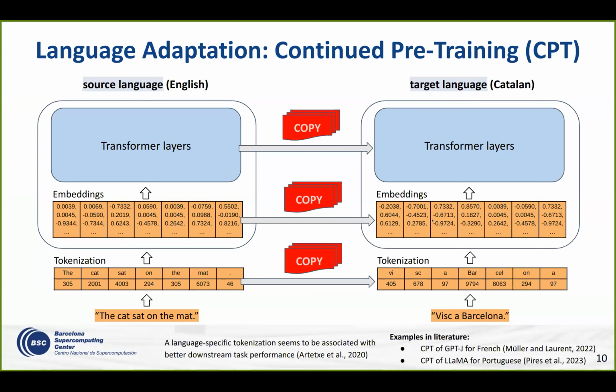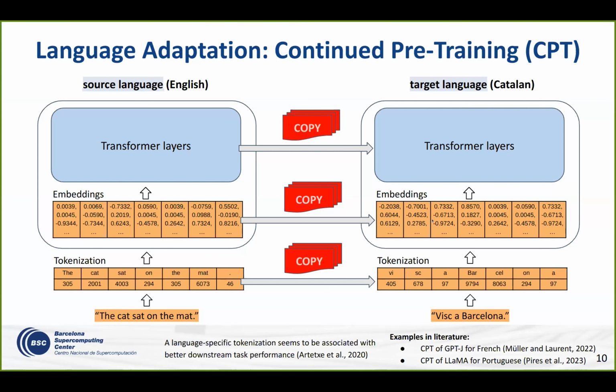Within language adaptation, the most straightforward option is to just continue the source model's pre-training with the new data in the target language. This means to copy the transformer layer weights, the embedding weights, and of course also the vocabulary and tokenizer, and just start the training from there with the new data.